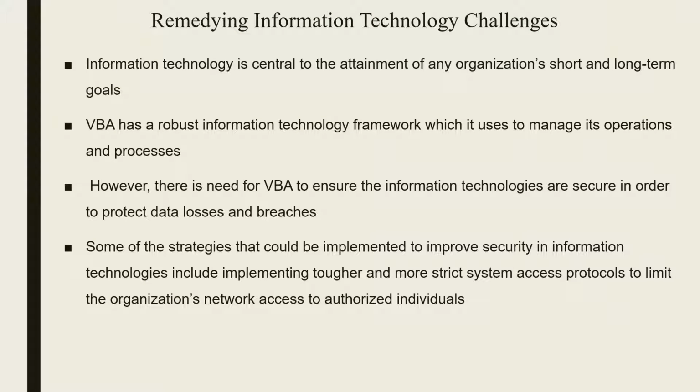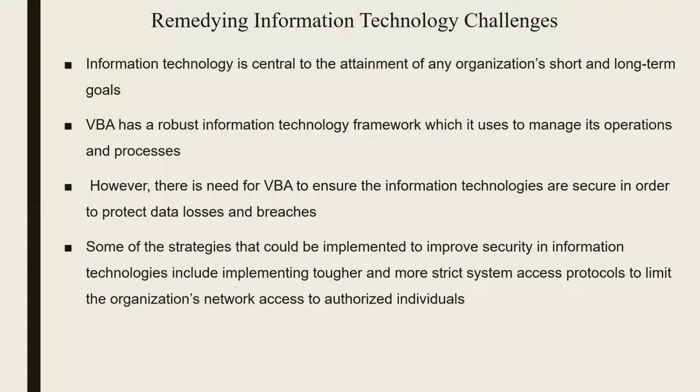VBA could also invest in cloud computing technologies, which will improve the security of information stored. Information technology is central to the attainment of any organization's short and long-term goals. The VBA has a robust information technology framework, which it uses to manage its operations and processes.